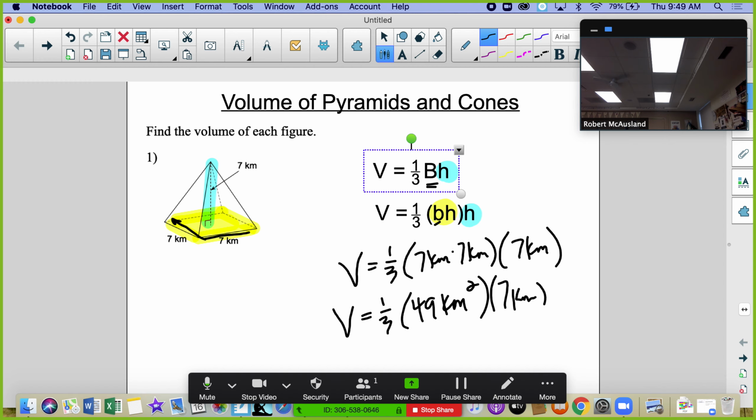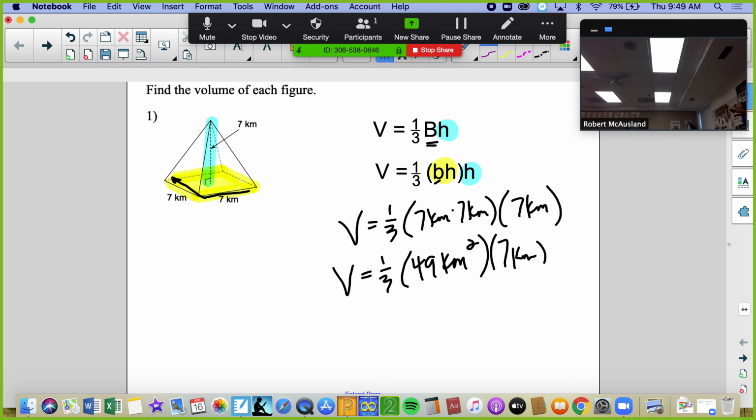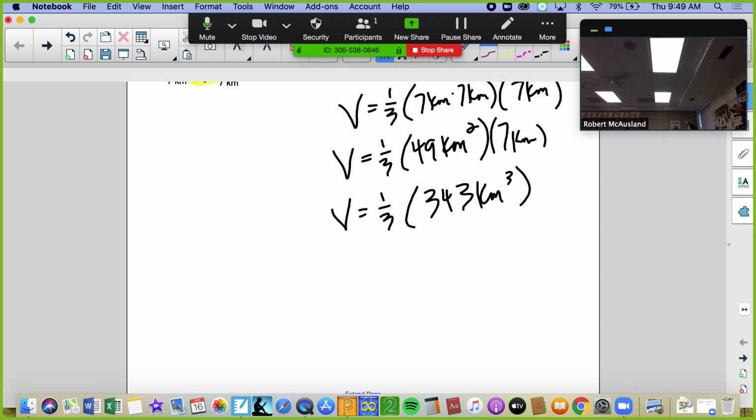Let's take 49 times 7, which gives us 343 kilometers cubed, times 1/3. Remember, volume will always be a cubed value. Now let's multiply that by 1/3 or divide by 3.